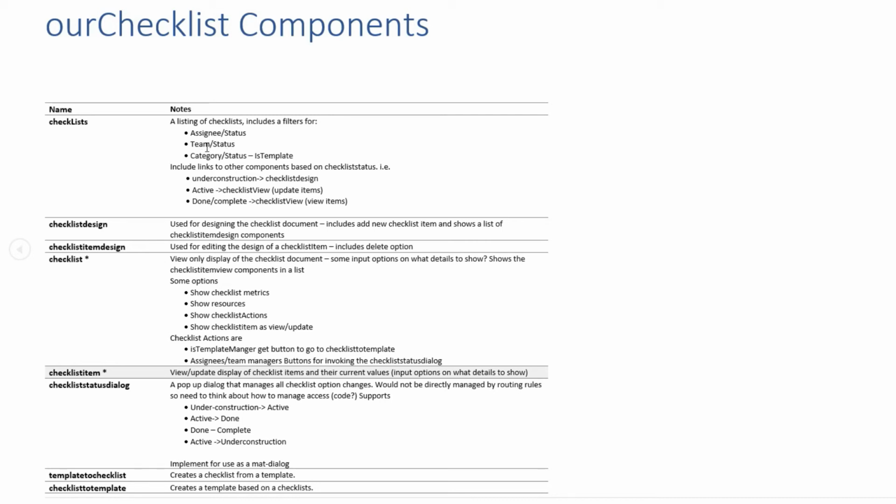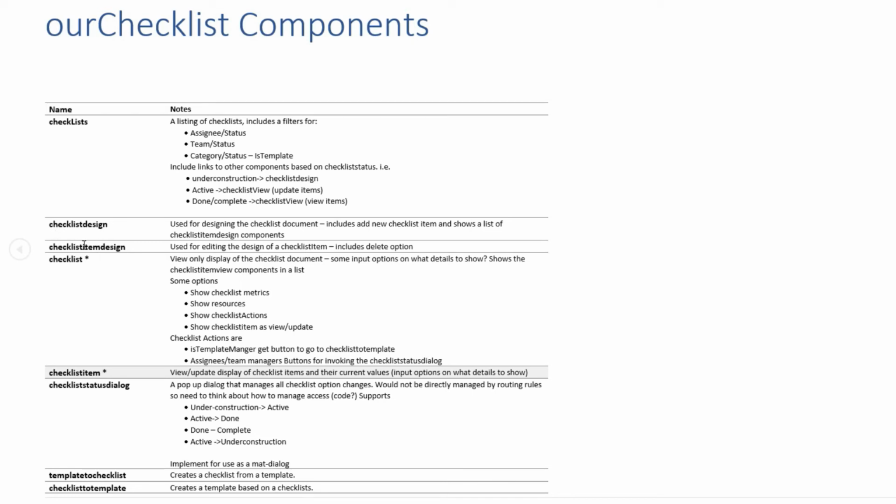Team by status would probably be used by team managers. Then category by status, where the checklist is a template, so a way of finding templates that are in the system by category. And also have some links in there that take you to the various views of the checklist, depending on what status they're on.